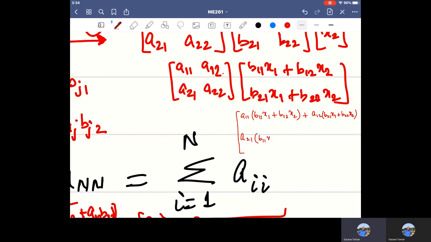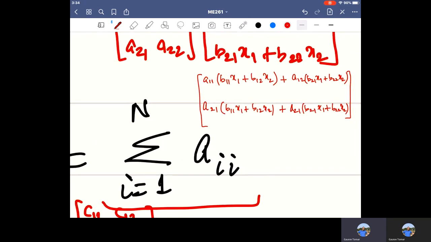A21 into B11 x1 plus B12 x2, plus A22 into the entire thing. So you'll get B21 x1 plus A22 into B22 x2 like this. So you get this resultant vector.